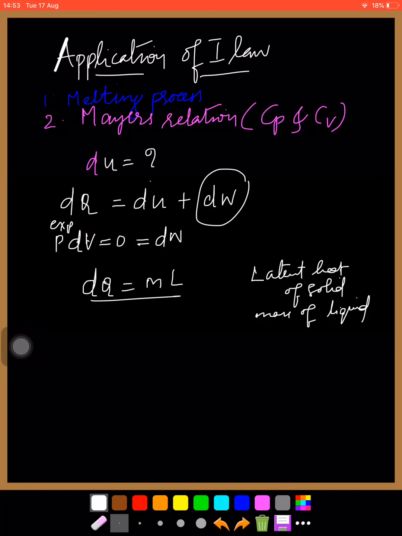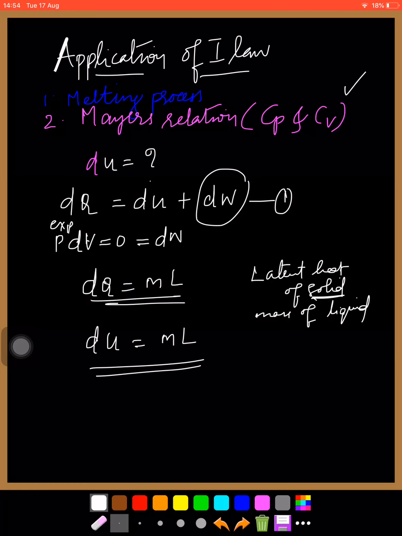And this is dQ, and when we apply this to the first equation, dU, the change in internal energy, is equal to mL. So in a melting process, mL, where L is the latent heat of solid, is the change in internal energy.